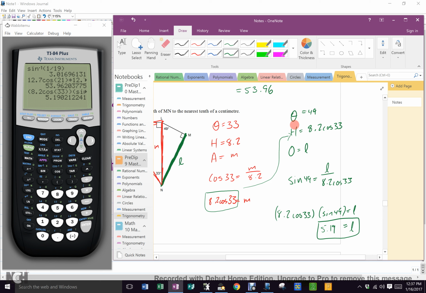What is the way you fix that? Then you find what m is right here. You do 8.2 times cos 33 and you get yourself a decimal right there. M equals whatever it equals. 17.3, doesn't matter, whatever it is. And then you move that number rounded up to here.